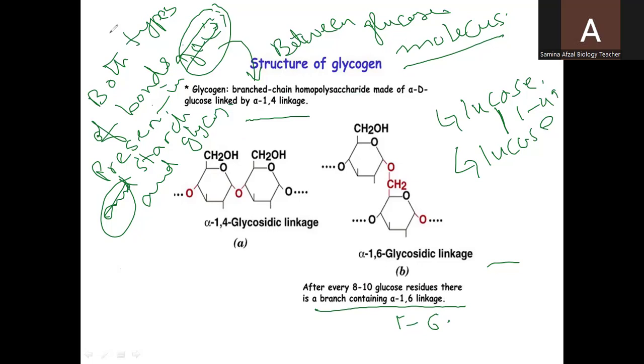Secondly, both of them have 1,4 glycosidic linkage and 1,6 glycosidic linkage. But starch is less branched in comparison to glycogen. Glycogen is more branched in comparison to starch. So in this way, we can differentiate between them. So here in the next slide, you can see.